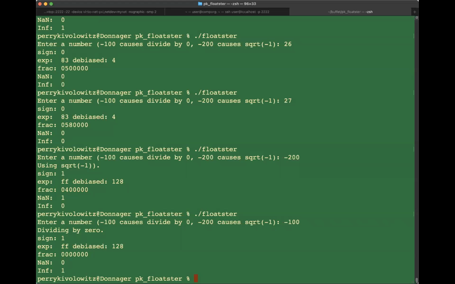Whereas not a number has exponent of FF, all the bits turned on, and has a non-zero fractional value. That means not a number. Okay, so having seen the output, let's take a look at the source code to this.